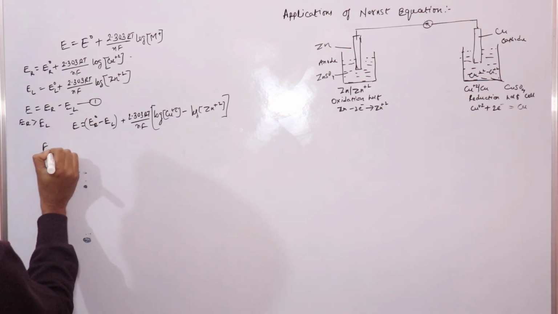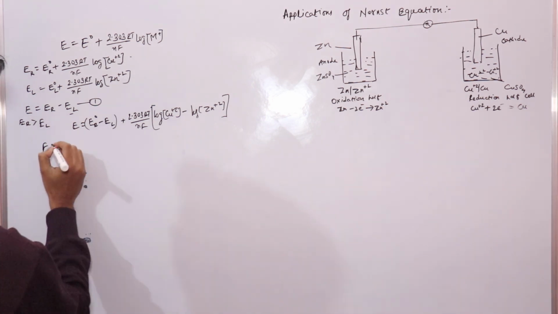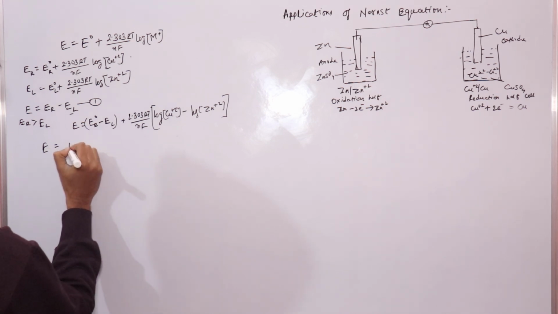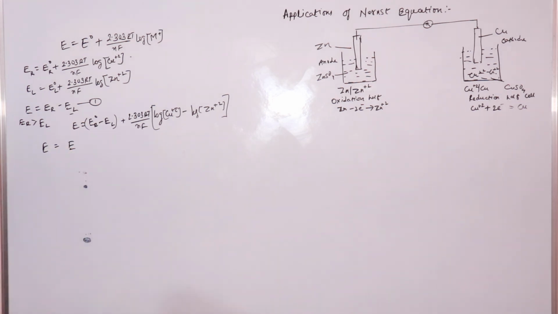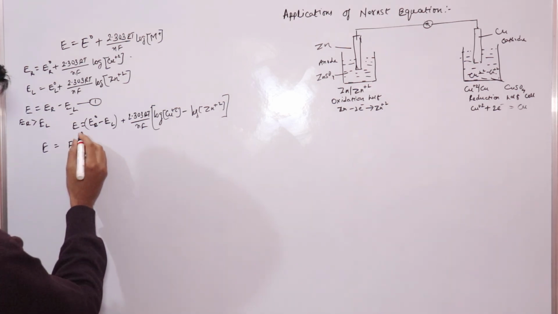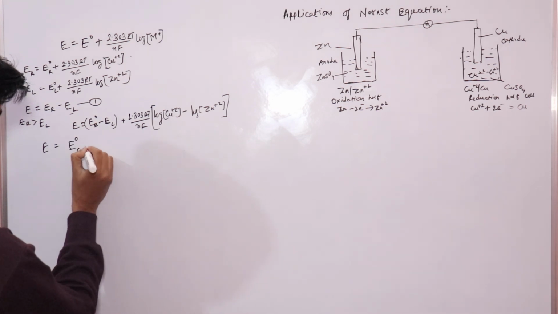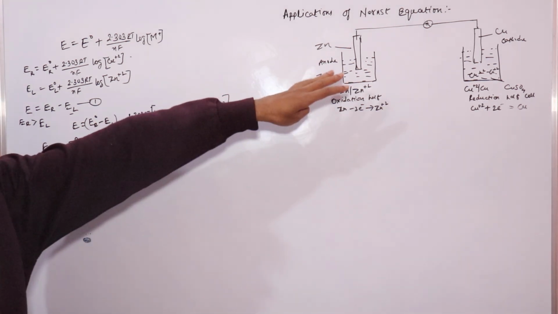So this is E, and E is equal to the standard reduction potential of the right hand electrode minus the standard reduction potential of the left hand electrode, which is the standard EMF of this cell, right?